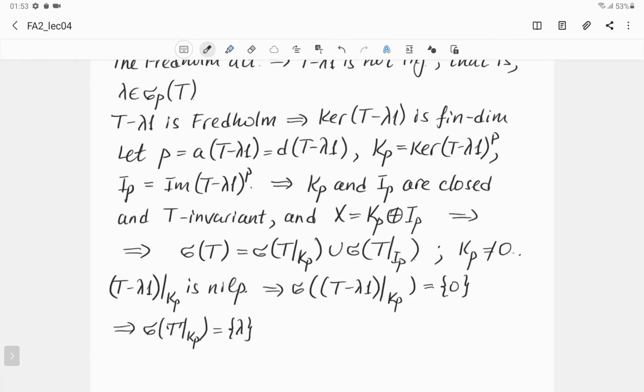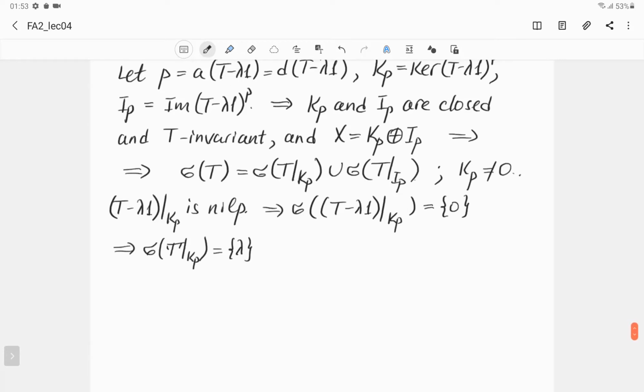Okay, let's now look at the spectrum of the restriction of T to Ip.